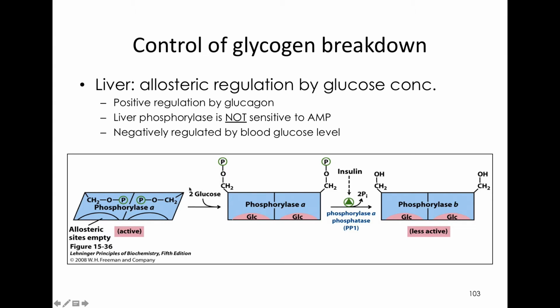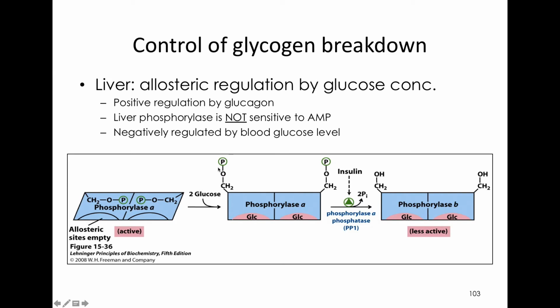When glucose is produced by glycogen breakdown and accumulates, the glucose comes back to the glycogen phosphorylase and binds to the allosteric site, thereby inducing conformational changes in the enzyme. So there is an exposure of the side chain of serine 14.